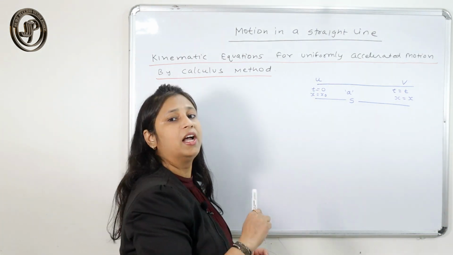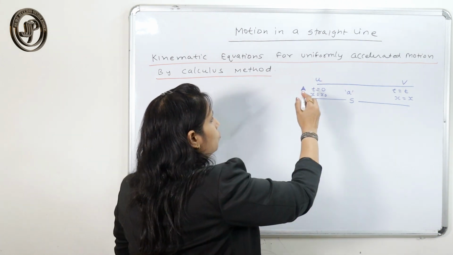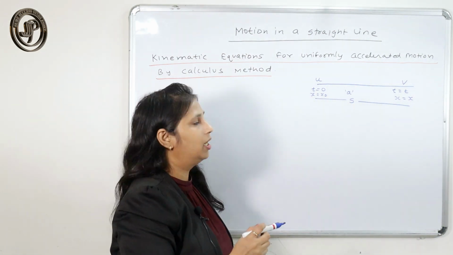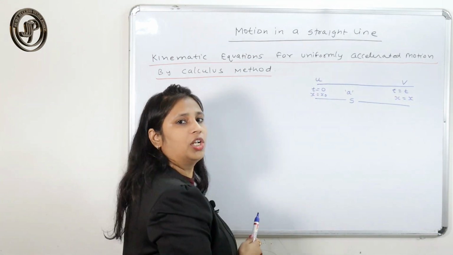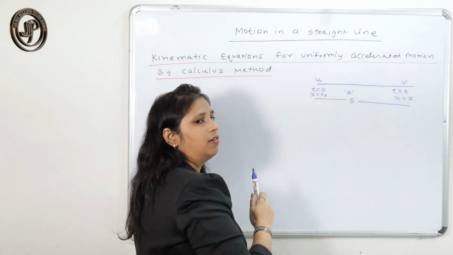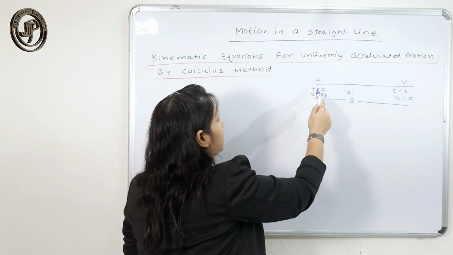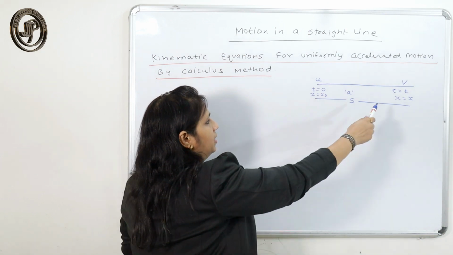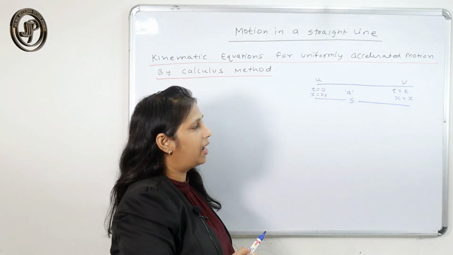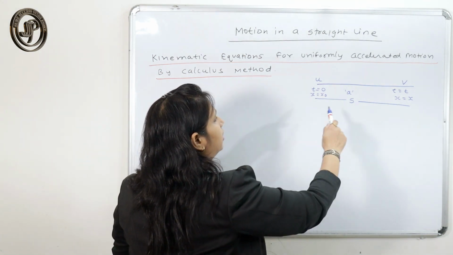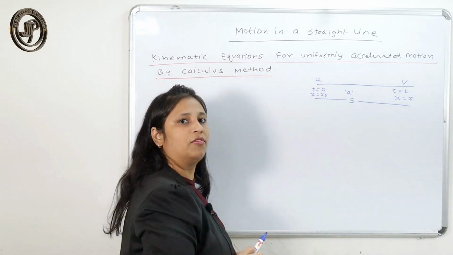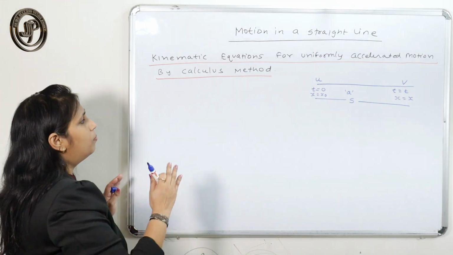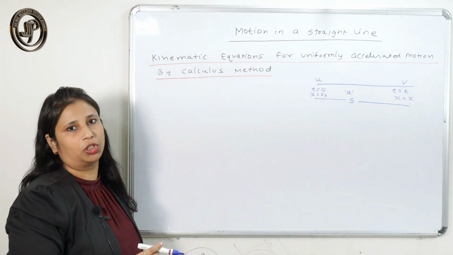Consider a body that moves in a straight line with constant acceleration a. u is the initial velocity, v is the final velocity, at t equals 0 the body is at point x naught, at t equals t the body is at x, and s is the distance between the initial and final point. You have to mention that first before starting the derivation.